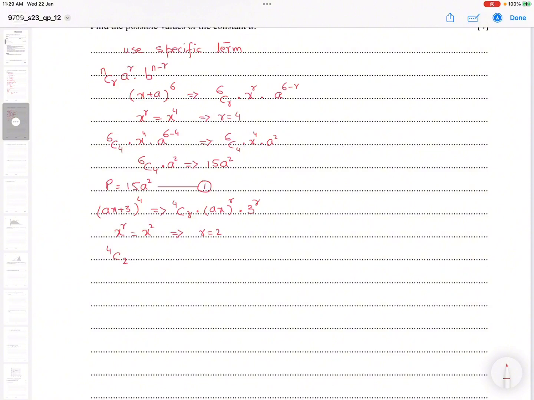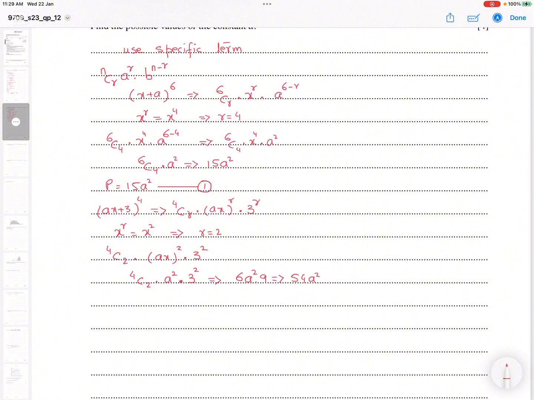4C2 (ax) power 2, 3 power 2. So the coefficient of x square would be 4C2 a power 2, 3 power 2, and this becomes 6 a square times 9, which is 54a square.